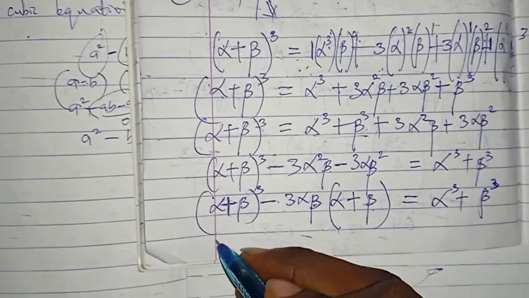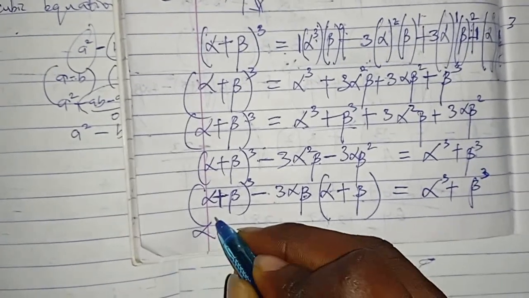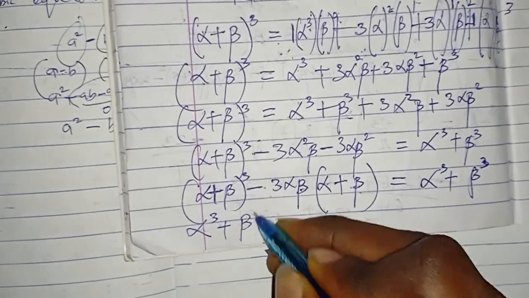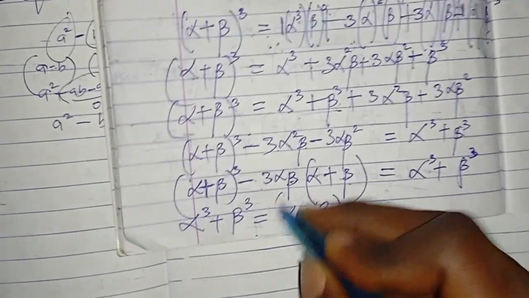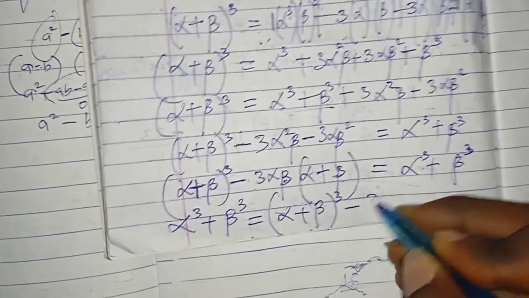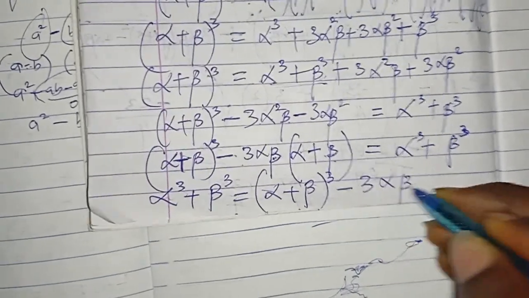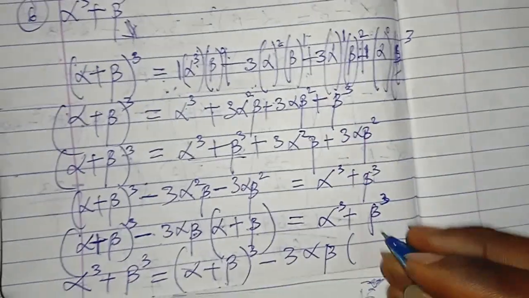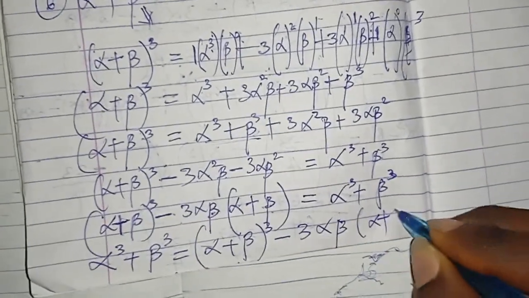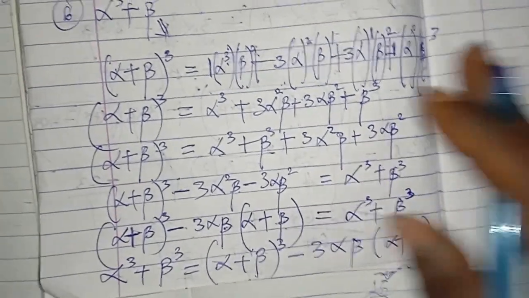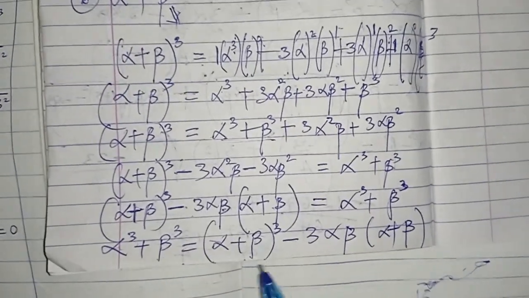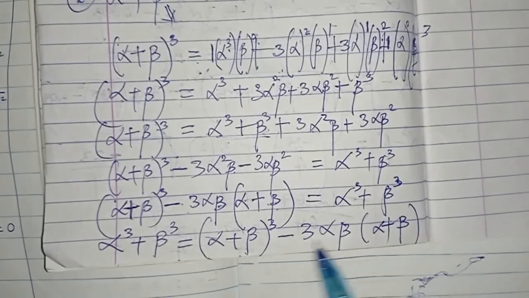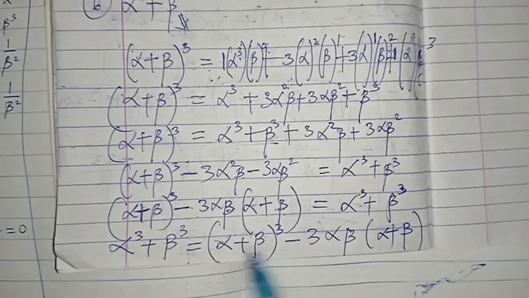So that means alpha cubed plus beta cubed equals alpha plus beta all cubed minus 3 alpha beta times alpha plus beta. Remember that the whole idea is always how do I make whatever I'm given contain alpha plus beta and alpha beta. So that is what I've gotten here.